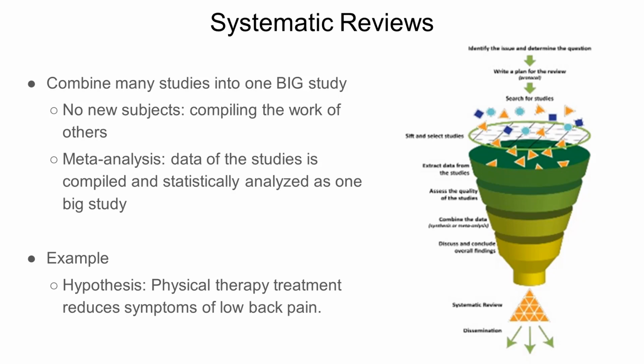A special feature of a systematic review is a process called meta-analysis. Meta-analysis is nothing more than taking all the statistical results from the individual studies and analyzing those results as if they came from one big study. We'll talk about systematic reviews more as we go through the semester.